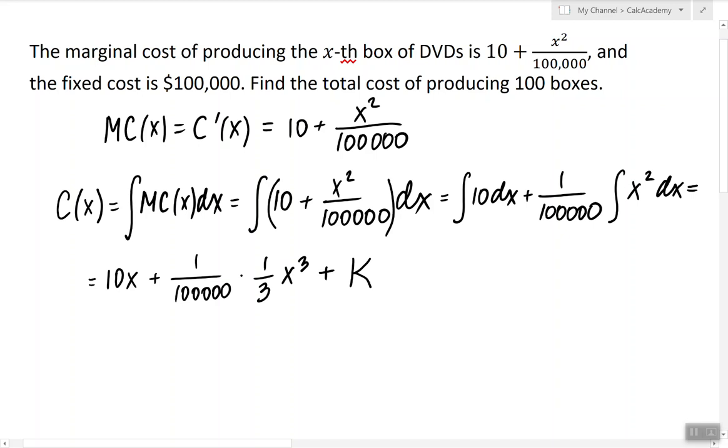Now, to find the value for k that will satisfy all the initial conditions, we have to interpret the last statement here. So what does it mean that the fixed cost is equal to 100,000? The fixed cost equals 100,000 means the cost of producing nothing is 100,000.